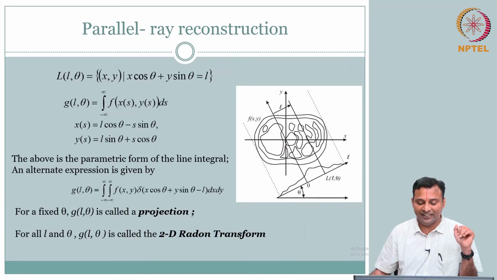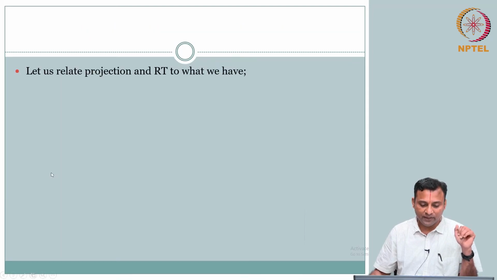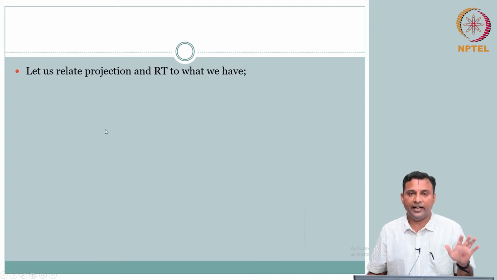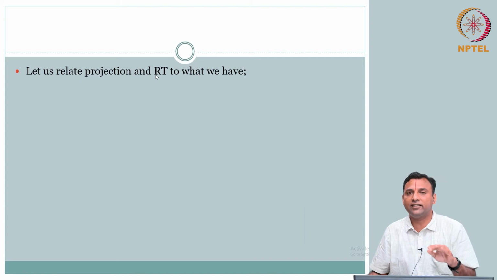Okay, so just for that reason I am kind of trivializing and saying this is common sense, but nothing is easy. So let us relate what we have right now, projection and radon transform. We just completed that, so let us quickly formalize this with f of x comma y and g of L comma theta. That was parallel development by radon.